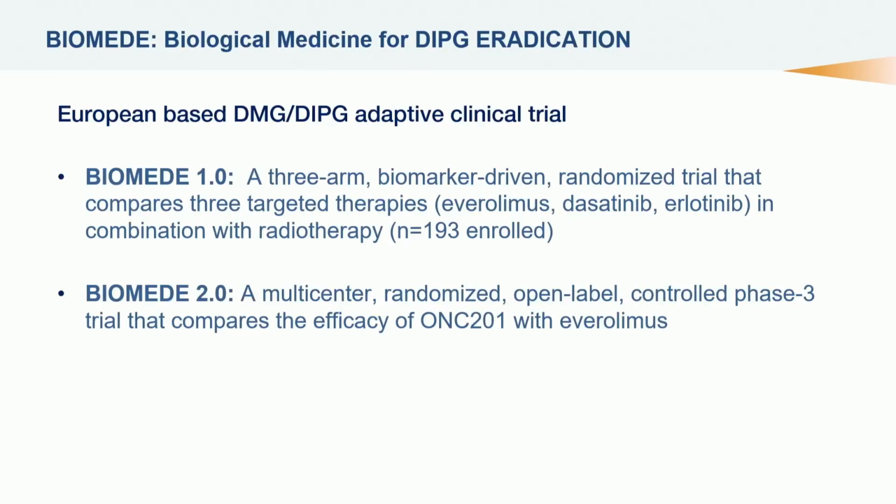We have a large BIOMEDE trial in Europe. We had BIOMEDE 1.0 looking at the combination of everolimus, dasatinib, and nilotinib, also in a biomarker randomized study. And this work has been presented by Jacques Grill. And now the ongoing BIOMEDE 2 is a randomized study looking at ONC201 and then everolimus.